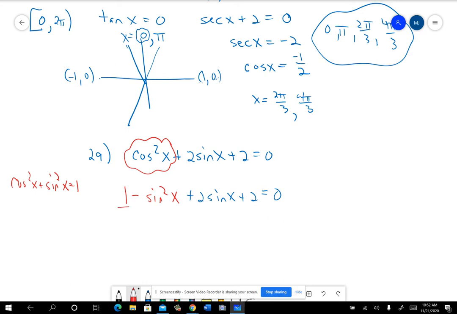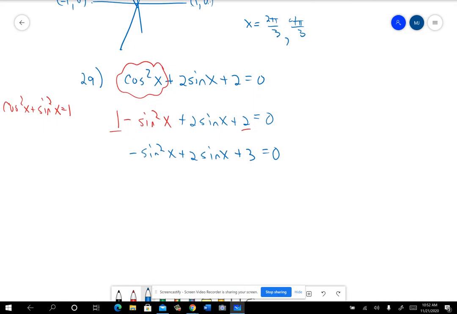Okay, then I might want to just kind of clean things up a little bit. One of the things I noticed is these are like terms. So I have negative sine squared x plus 2 sine x plus 3 equals 0. So think of this almost like a quadratic equation, like negative x squared plus 2x plus 3. If you had a quadratic equation, you would factor, but it's harder to factor when that's negative.